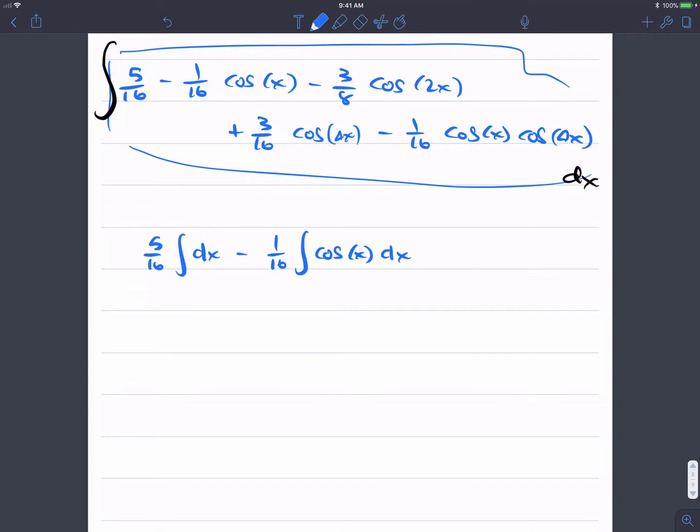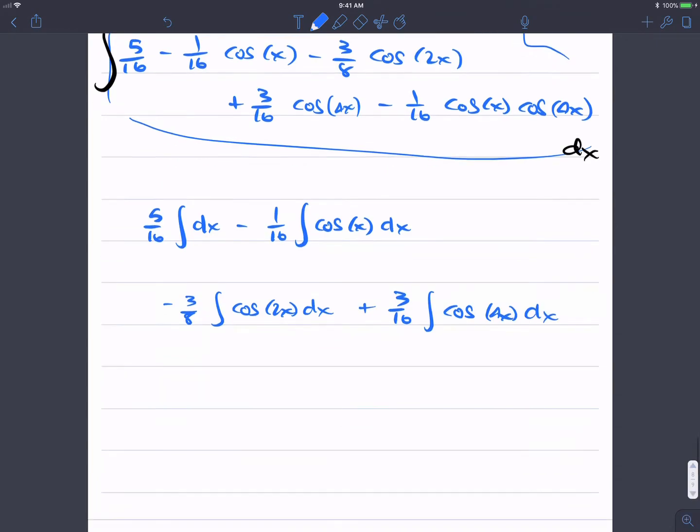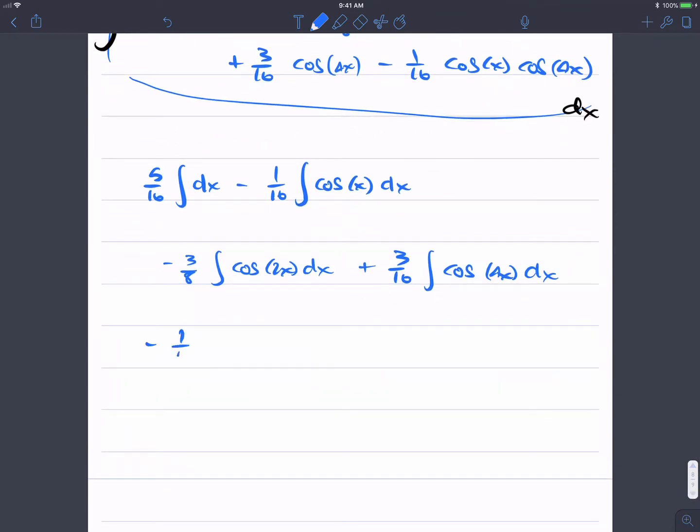And then I have a minus 3/8, I integrate a cosine 2x dx. Plus 3/16, I integrate a cosine 4x dx. And then minus 1/16, I integrate cosine x cosine 4x dx. So let's be careful.